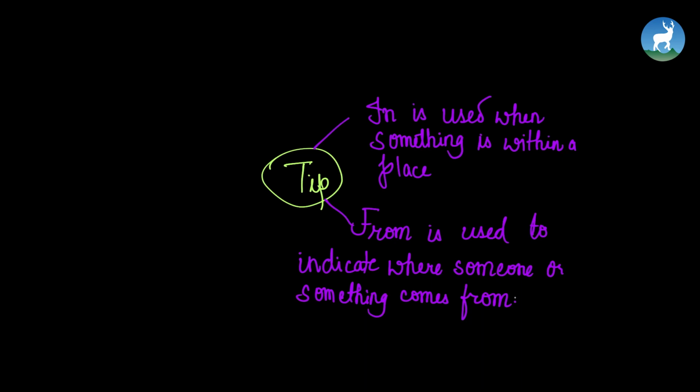From is used to indicate where someone or something comes from. We got to know that the delicious pizza is from Italy. Using this tip, you can easily find the difference and use in and from in your sentences to make them appropriate.